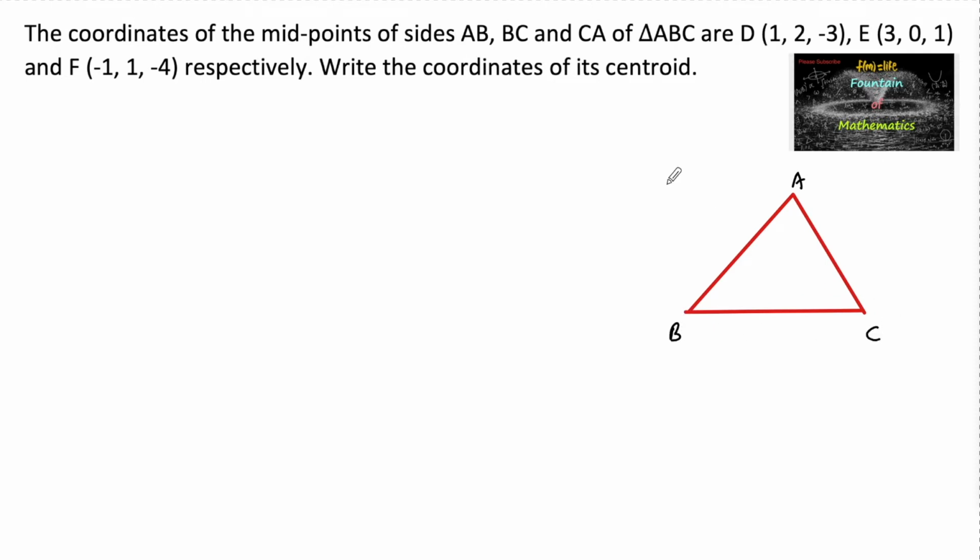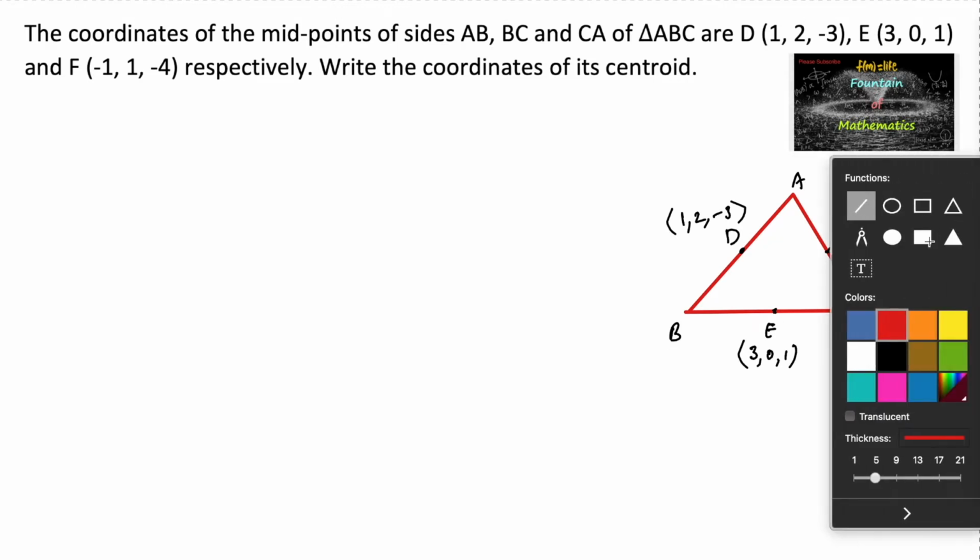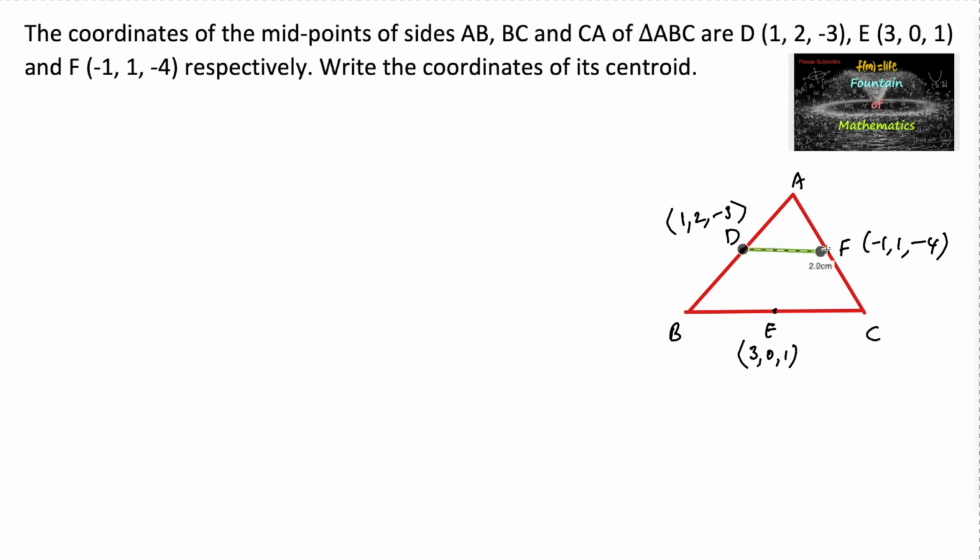The midpoint of side AB is D(1, 2, -3), the midpoint of BC is E(3, 0, 1), and the midpoint of CA is F(-1, 1, -4) respectively, and we can also consider the triangle formed by joining the midpoints.